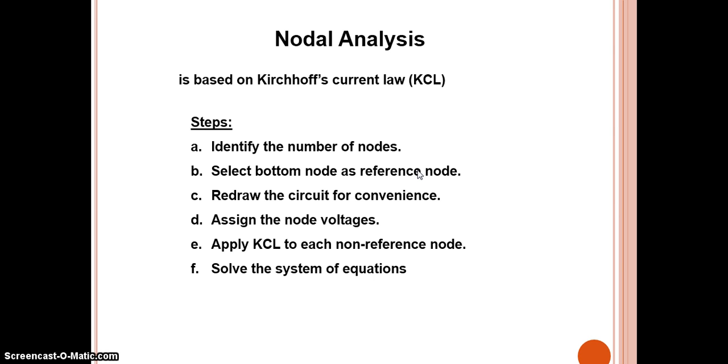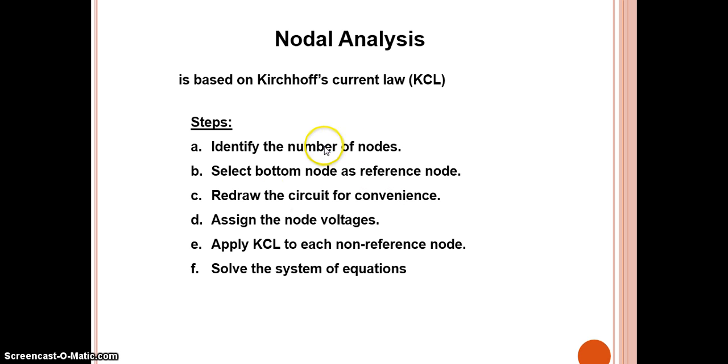And the third step, redraw the circuit for convenience. Here is the step where we are drawing the nodal diagram. And fourth step, we have to assign the node voltages. Suppose we have 3 nodes, 2 nodes will be the non-reference nodes and 1 is the reference node. So corresponding to the 2 non-reference nodes, we have 2 unknown voltages.